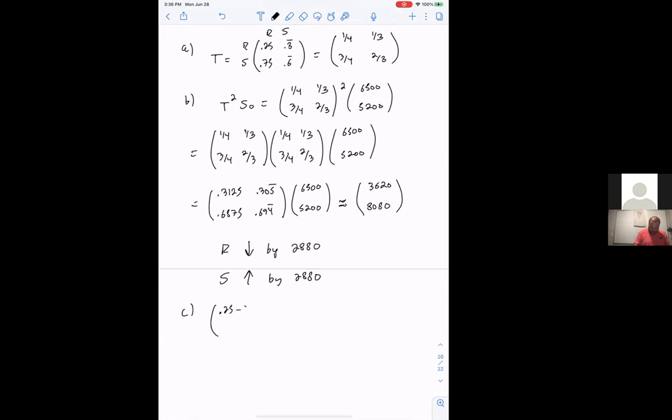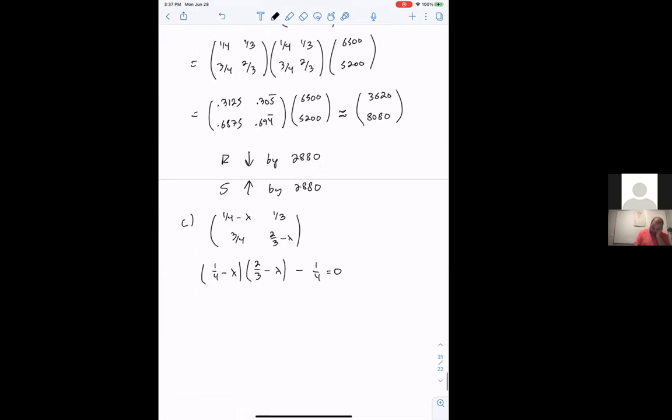We take our original matrix, we subtract lambda. Let's do it with fractions. So we have 1/4 minus lambda, 1/3, 3/4, and 2/3 minus lambda. So we get (1/4 minus lambda) times (2/3 minus lambda) minus 1/4 is equal to 0.